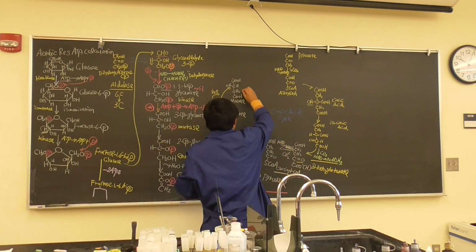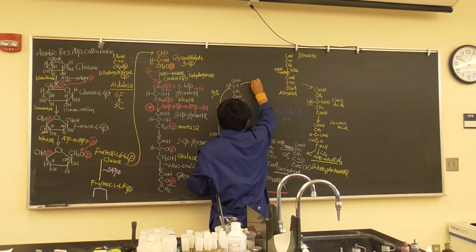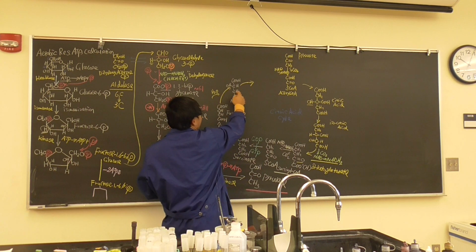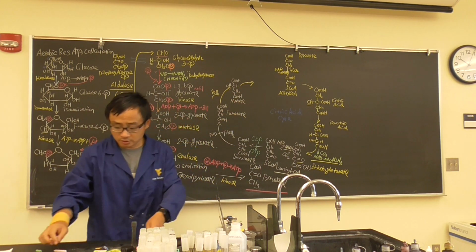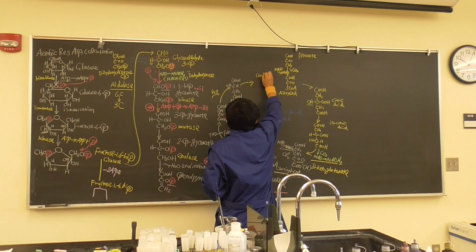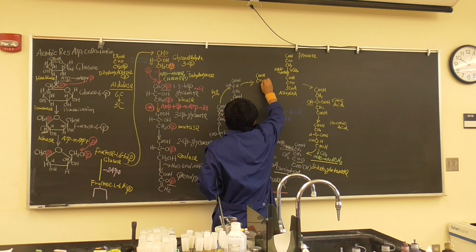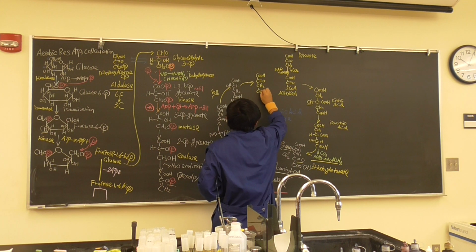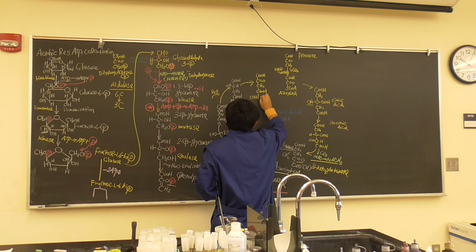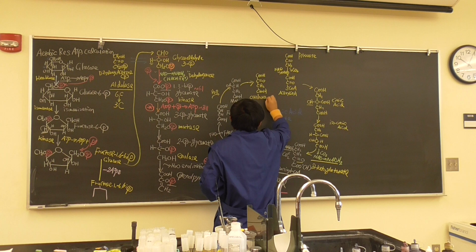Okay, almost done. Not done yet. Goes here. Here you add it back, but still they're going to lose. So what is going to be the last chemical before we finish? COOH, C double bonds O, CH2, COOH. Oxaloacetate.